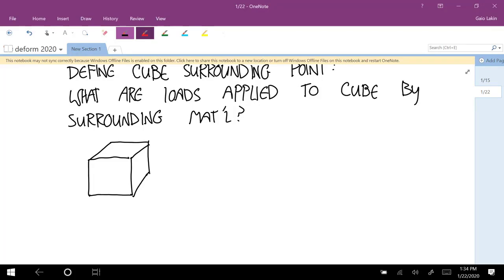So on each one of these faces, there's a force vector like that, and a couple vector like that, and that's true on all of these.